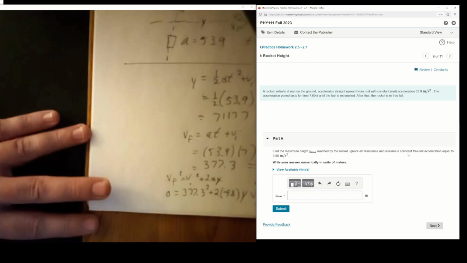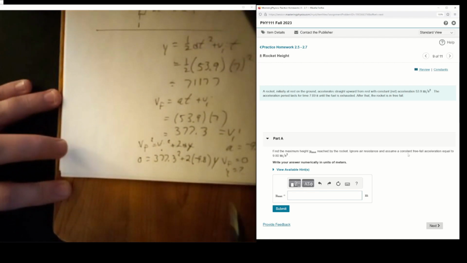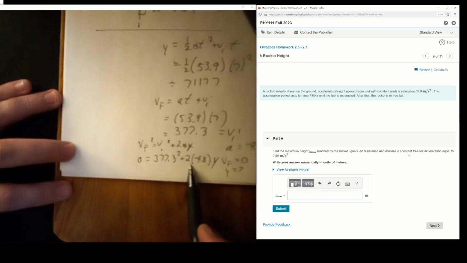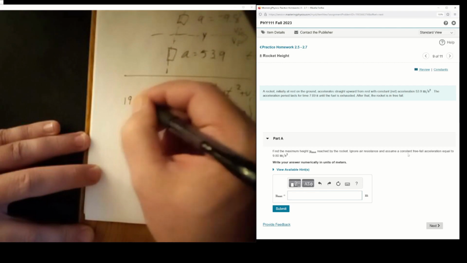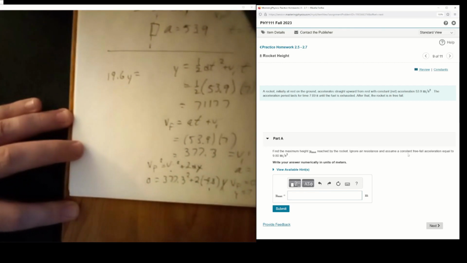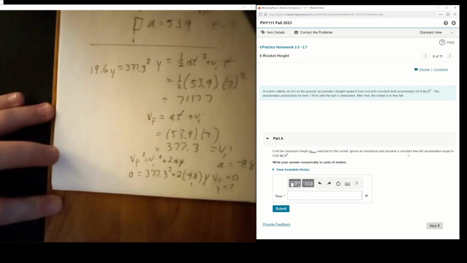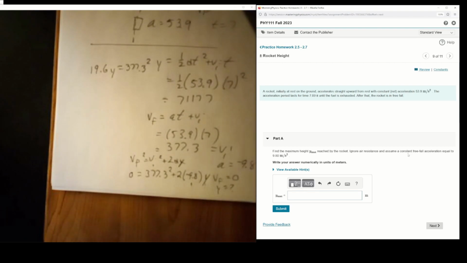And let me move over here. So 2 times 9.8 is 19.6. It's minus. I'll move it to the left to make that a plus 19.6 y equals 377.3 squared. And so I'll divide both sides by 19.6.